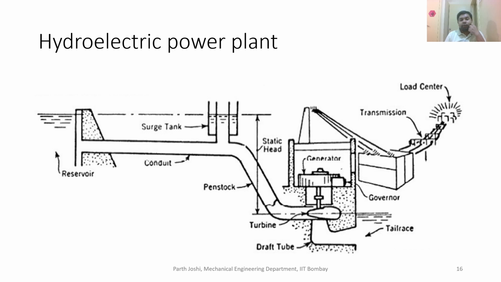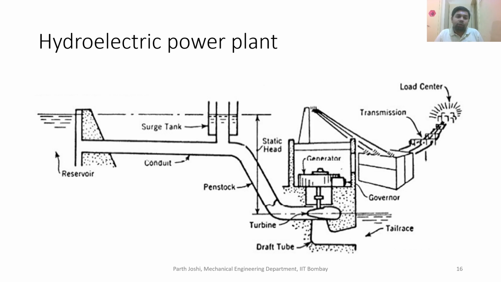The generator is generating the electrical power, and then that is transmitted to different locations. There are a lot of energy conversions involved in this, and I wanted to cover different parts of it.